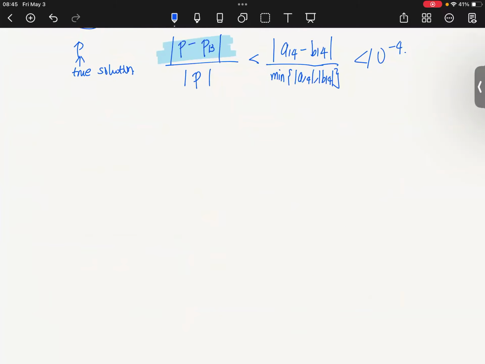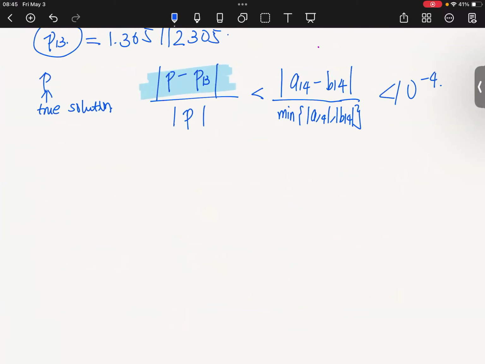This is one of the stopping criteria, and there are others, but you can take a look at the textbook. Sometimes people use different stopping criteria. You can think about why they have such a stopping criterion, but I'm not going to explain it.